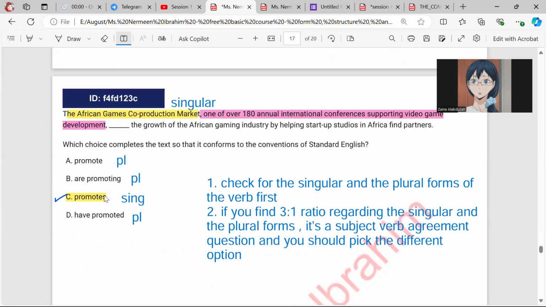But here, in this one, we tried the singular and plural first as usual, and it worked. So it's a subject-verb agreement. Apply the 3-to-1 ratio. Okay, done? Your problem is solved? Yes, thank you, Miss. Anytime. You have to write this down before you forget.